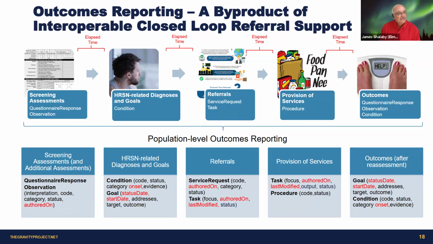In this case, an AHC HRSN instrument might have been used to screen the patient. It's implemented in FHIR as questionnaire response and will generate observations that can be messaged between systems, between, for example, an SCN and a CBO.